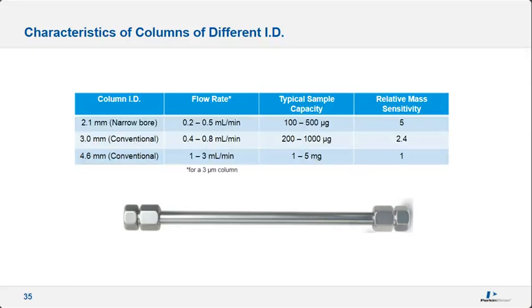The typical sample capacity now is increased and is from 1 to 5 milligrams. And again, this is just represented by a relative mass sensitivity of 1. So again, we do get a 5-fold increase in relative mass sensitivity by utilizing the narrow bore 2.1 millimeter ID column.